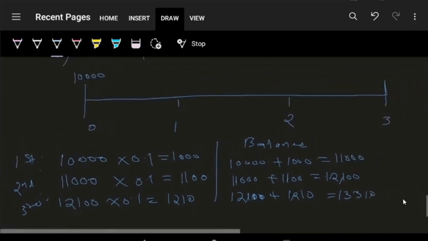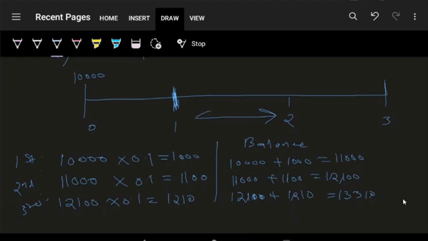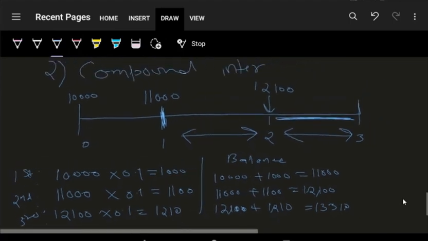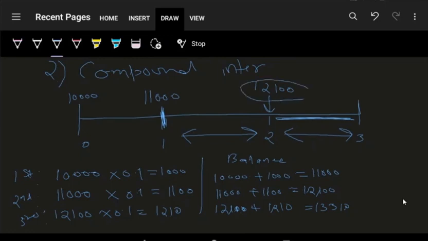Let's see it again. In this setting, here the balance was 11,000, and in this period I earn interest on this 11,000 instead of 10,000. Here the balance was 12,100, and so I earn interest in the third year. This is my third and last year. In this year I earned interest on 12,100, that is 1,210.